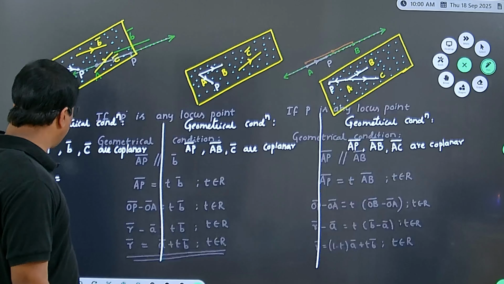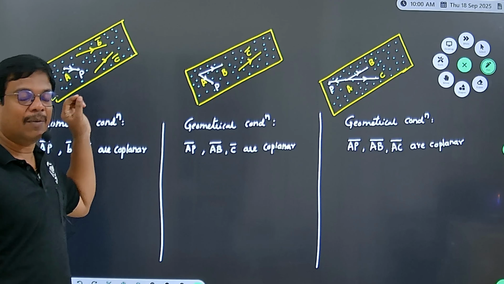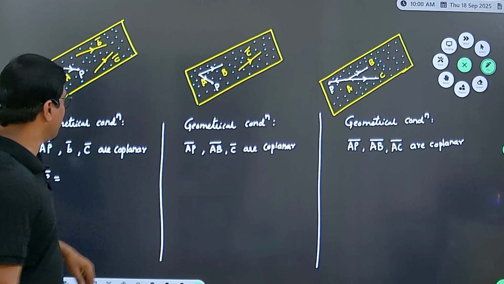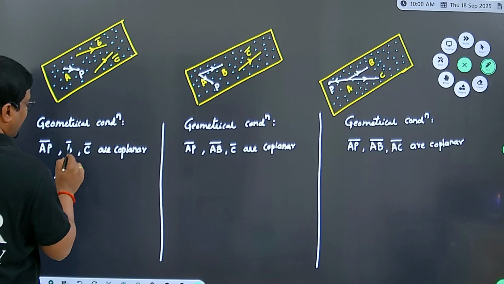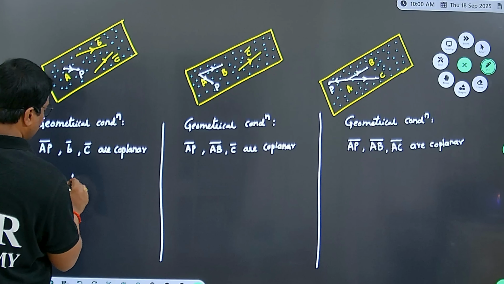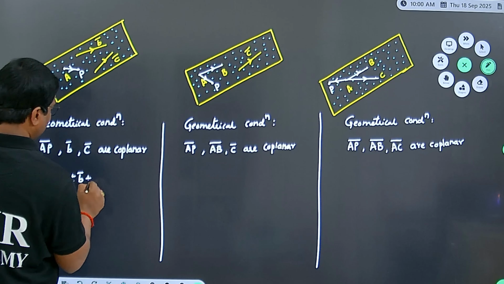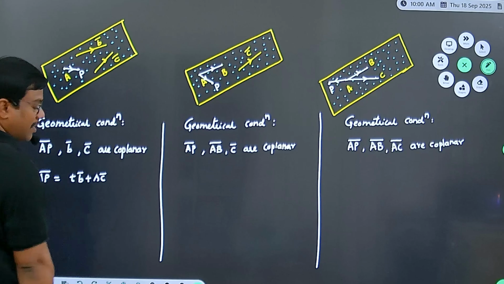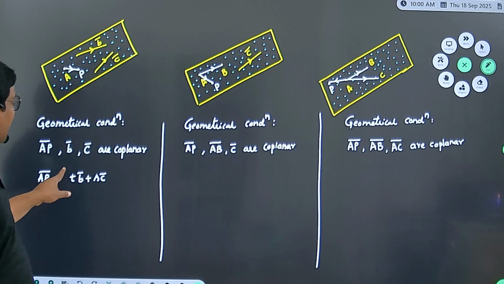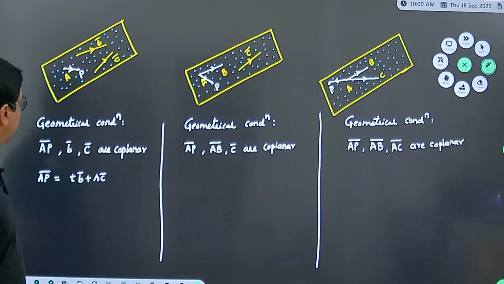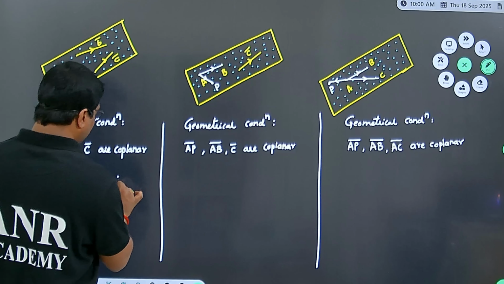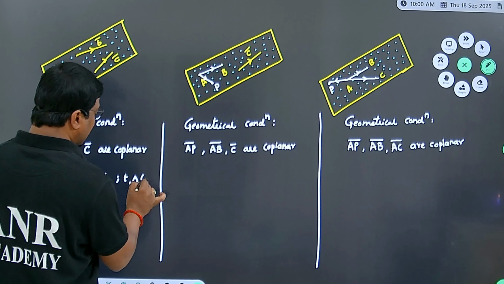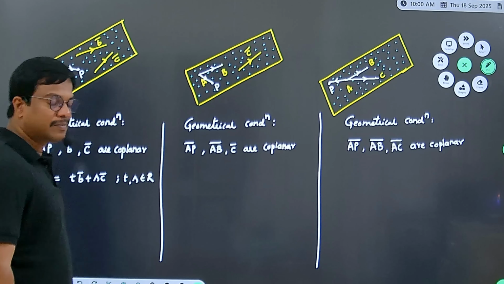Now one can be written as a scalar combination of the remaining two. AP is one vector, B and C are the two vectors. So I can write t times B plus s times C, that is tB bar, sC bar, where t comma s, these two are real values.